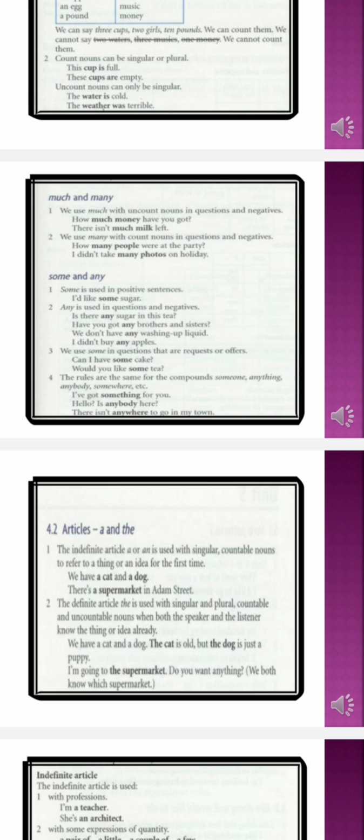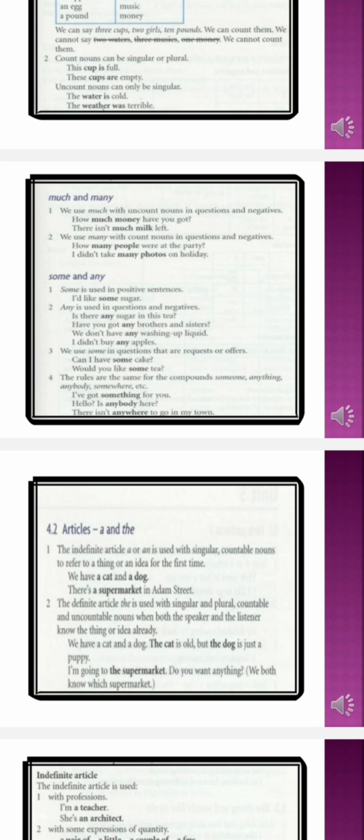Some and any. Number 1, some is used in positive sentences. For example, I'd like some sugar. Number 2, any is used in questions and negatives.